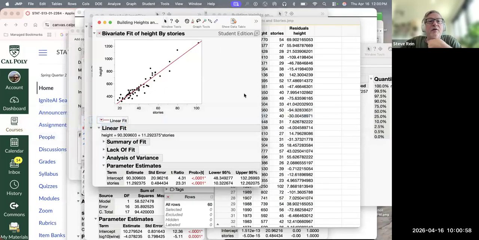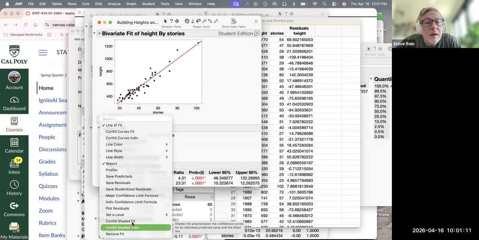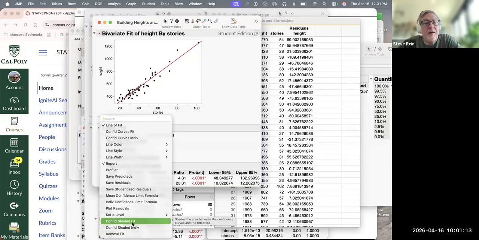That's something that JMP can display quite nicely. Notice within that linear fit, if we click on this thing, I could shade in a range of values for the confidence interval.